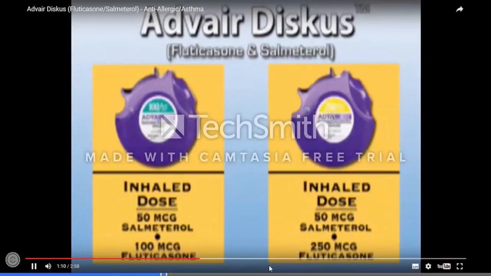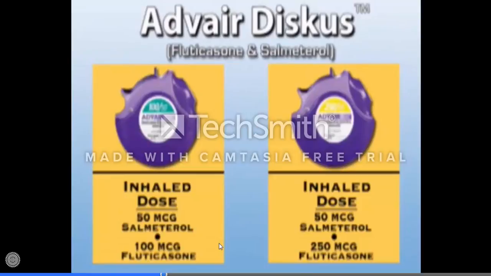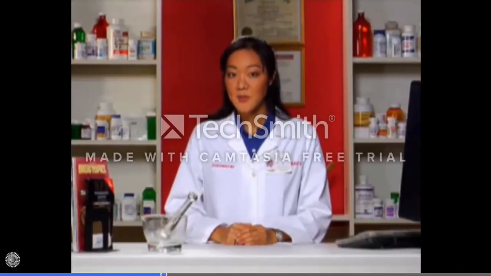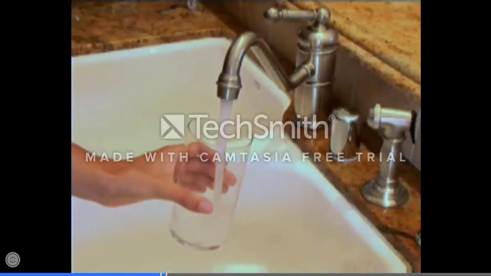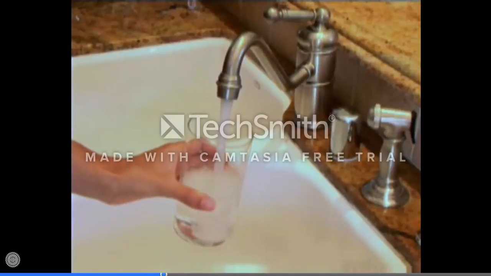Advair Diskus is available to be inhaled in doses of 50 micrograms of salmeterol combined with 100, 250, or 500 micrograms of fluticasone. Advair Diskus is generally inhaled twice a day. Follow the picture instructions on the package and rinse your mouth with water after using this medication.